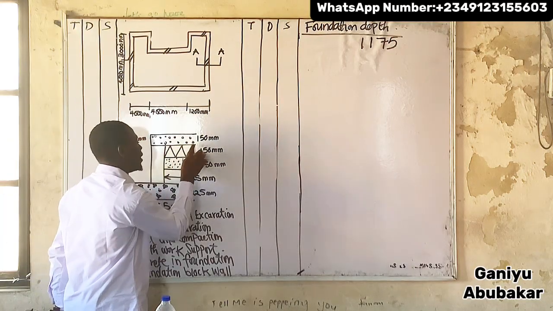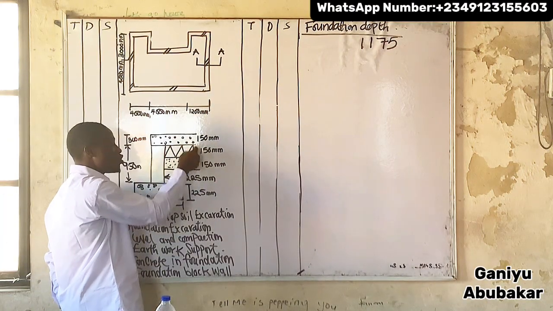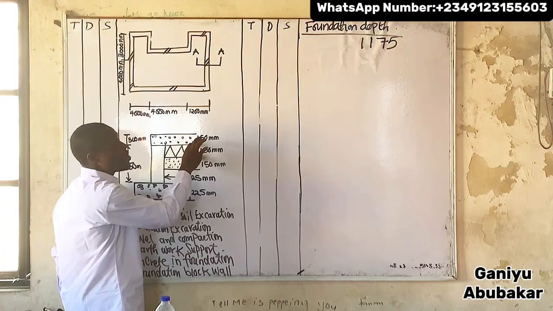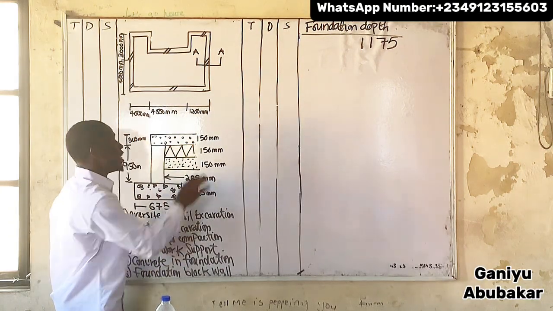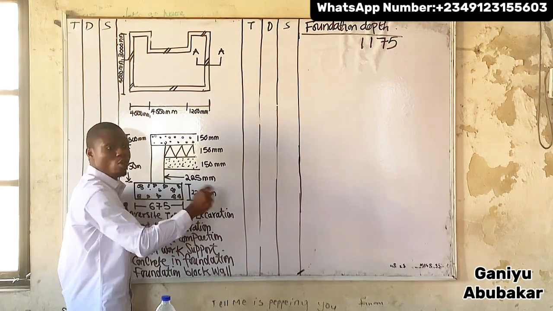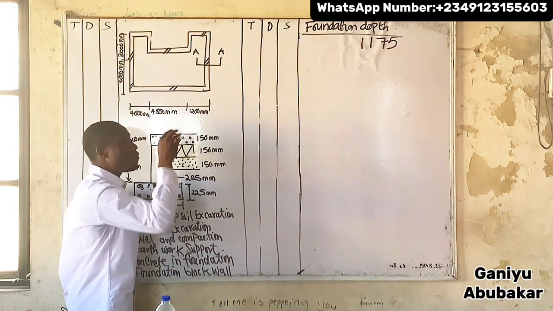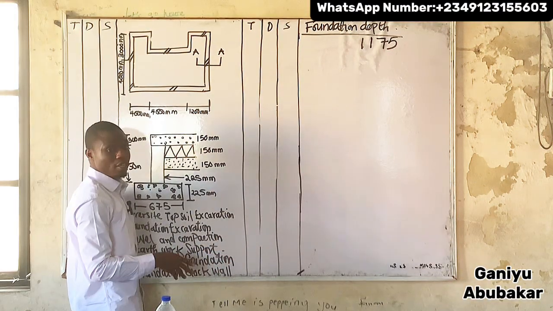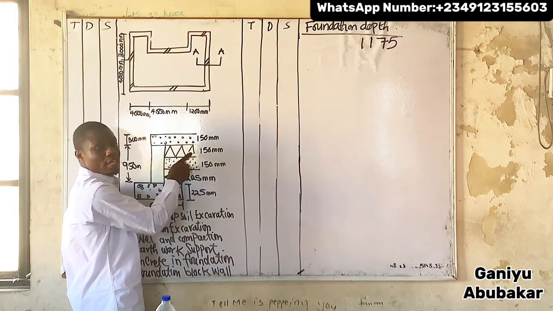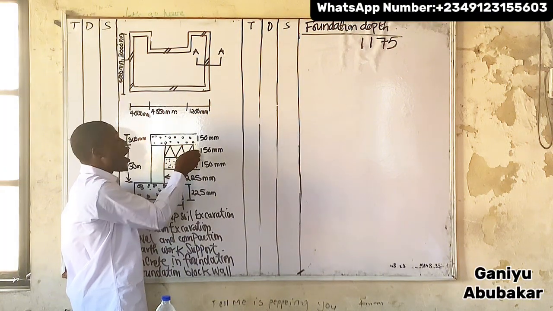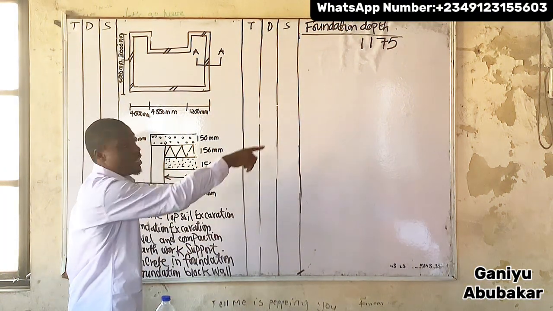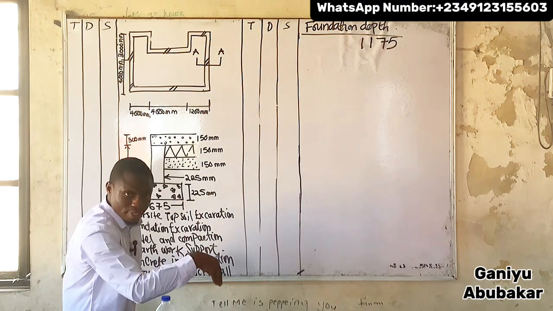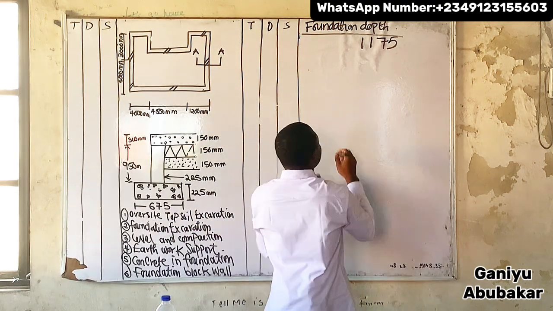There was a particular name given to this part, but to save space I ignored it. I focus more on the dimension part. So I have to deduct that part away from the entire depth. So I have to write less.